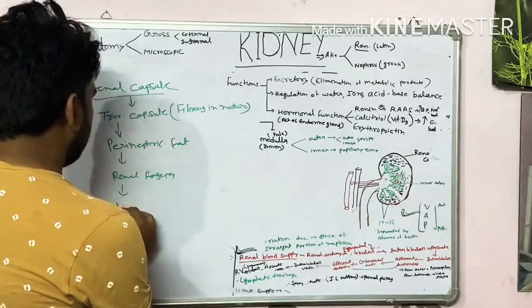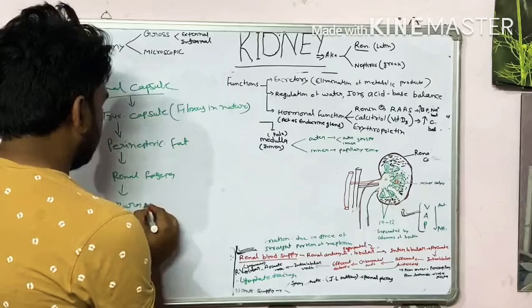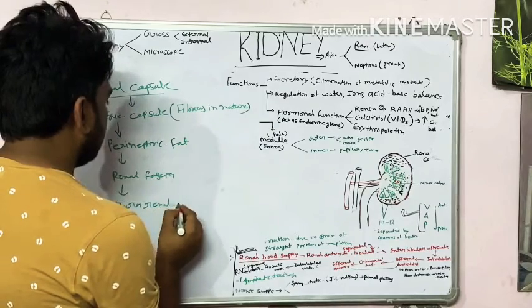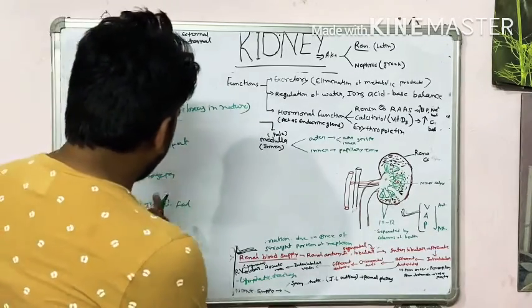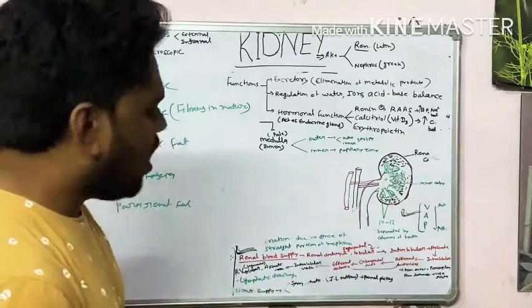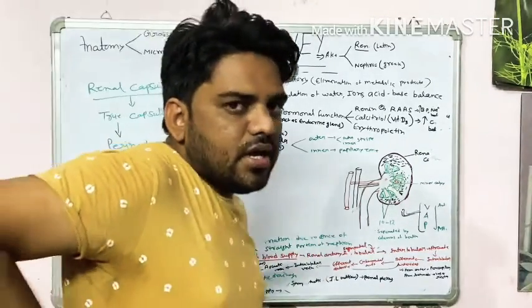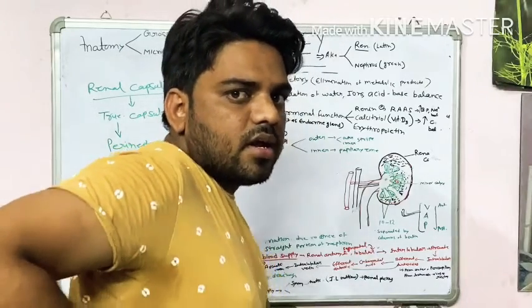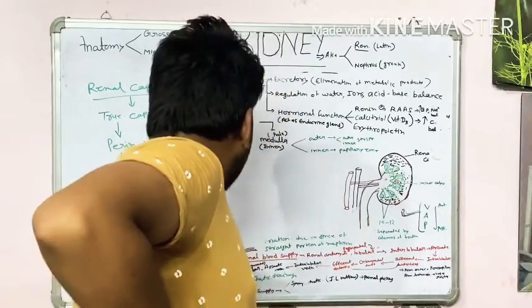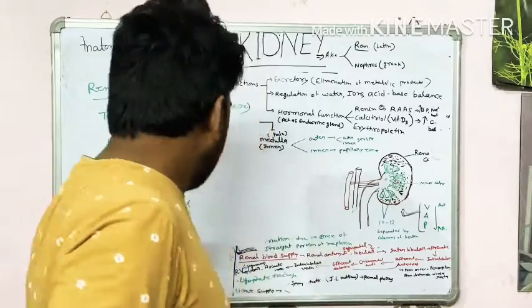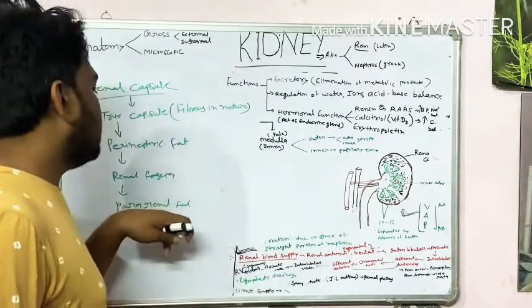Then the para-renal fat around the kidney. The kidney is situated in the paravertebral gutter, which is filled with para-renal fat.